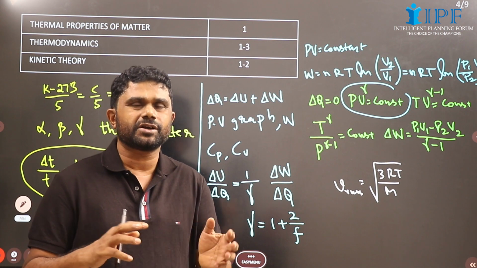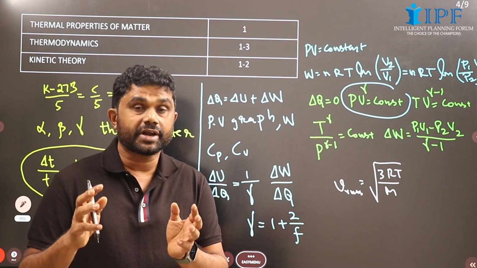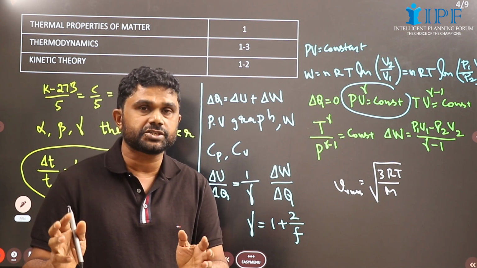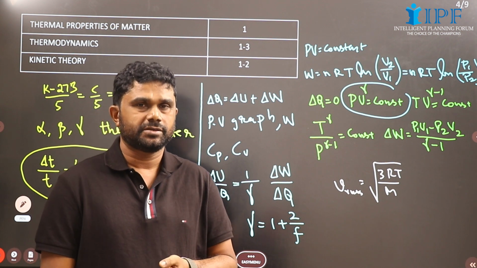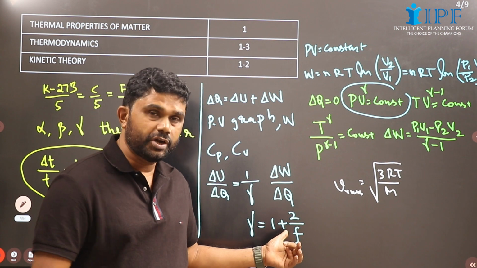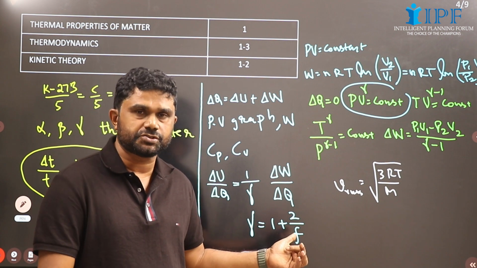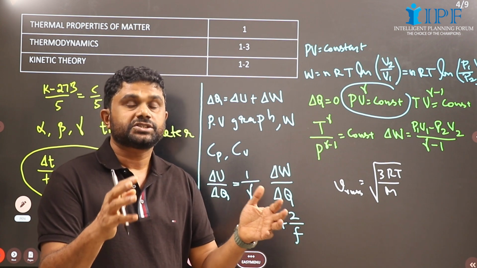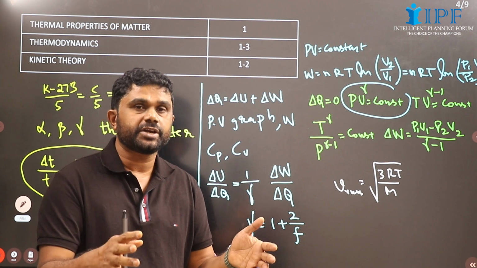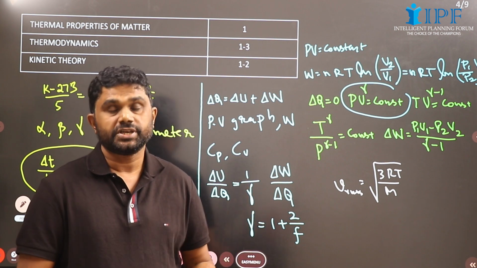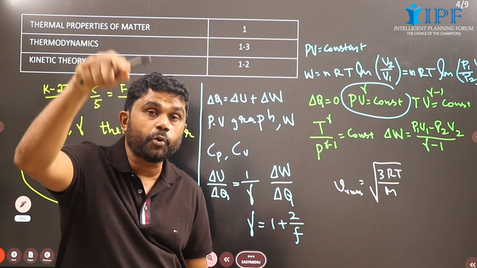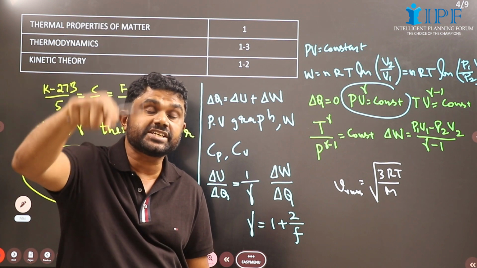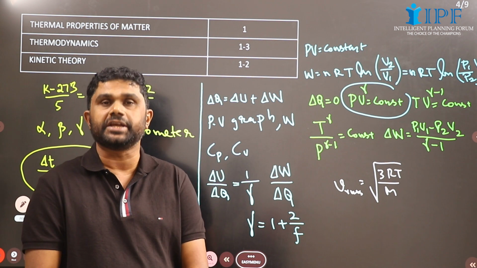Usually such cases involving vibrational degrees of freedom will not be asked. So you have to know only the translational and rotational degrees of freedom. It is 3 for monoatomic, 5 for diatomic, 7 for polyatomic linear and 6 for polyatomic non-linear.